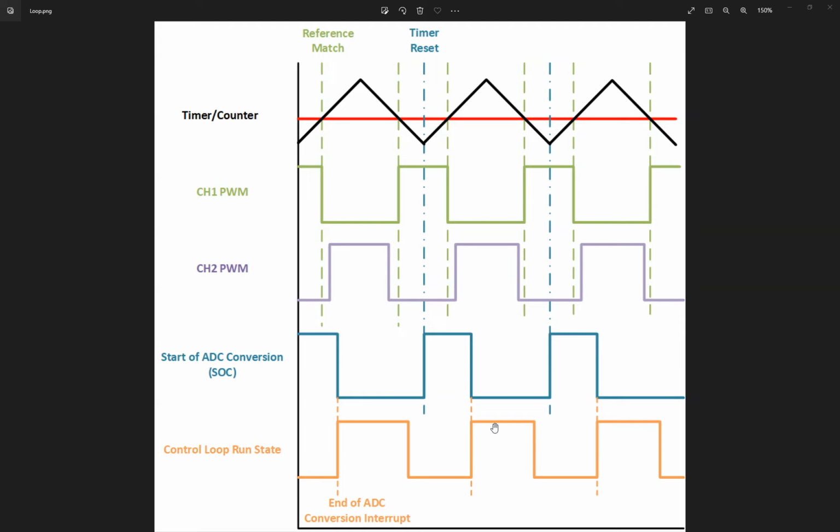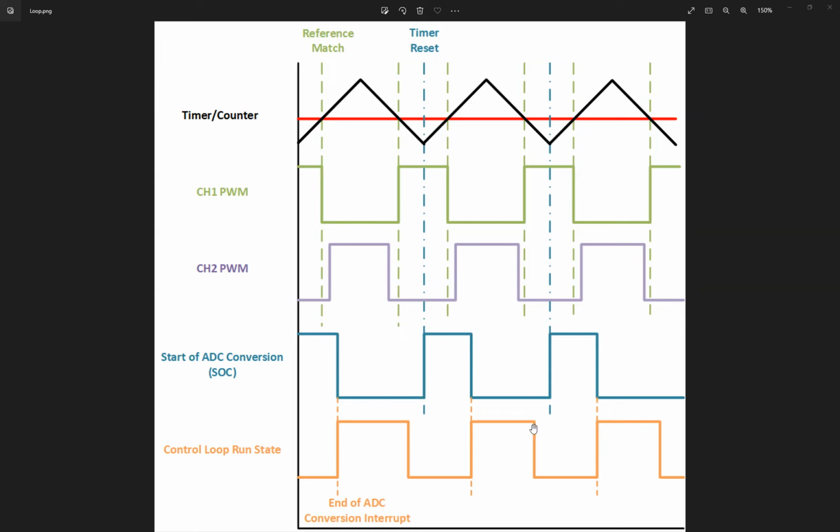So in this control loop, we are computing the reference value for this next cycle. So this in turquoise, or blue, you can see that this is the timer reset event. So for this instance, we will calculate the timer update value, the duty cycle value, in this clock period.